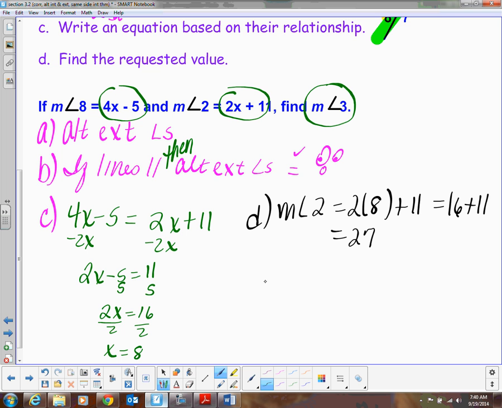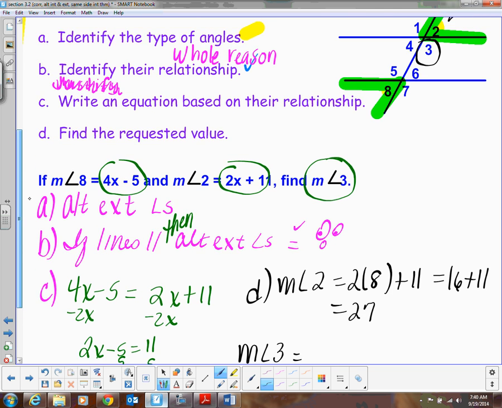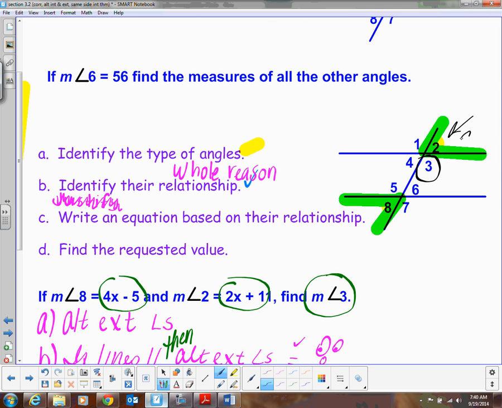Now, how do we get the measure of angle 3 if 2 is 27? Jennifer? Right. We know 2 is 27 degrees. So how are we going to get 3? What's the relationship?